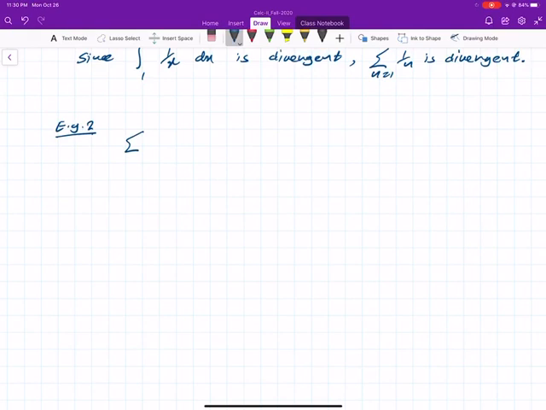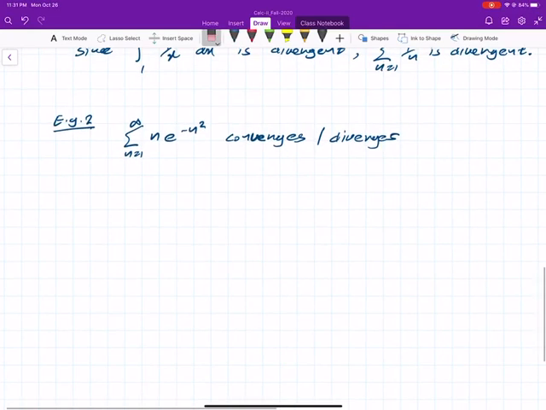This is the given problem: does the sum from n equals 1 to infinity of n e to the power negative n square converge or diverge? Okay, you have to check whether this is convergent or divergent.